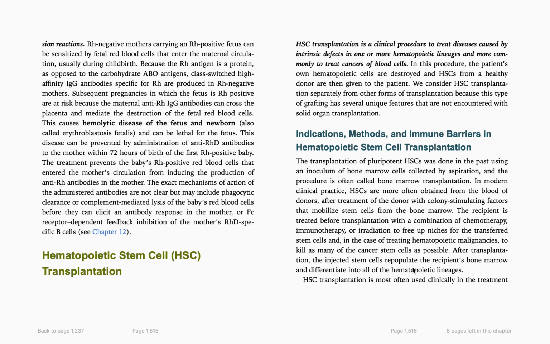The exact mechanism of action of the administered antibody is not clear, but may include phagocytic clearance of or complement-mediated lysis of the baby's red blood cells before they can elicit an antibody response in the mother, or Fc receptor-dependent feedback inhibition of the mother's RHD-specific B cells.